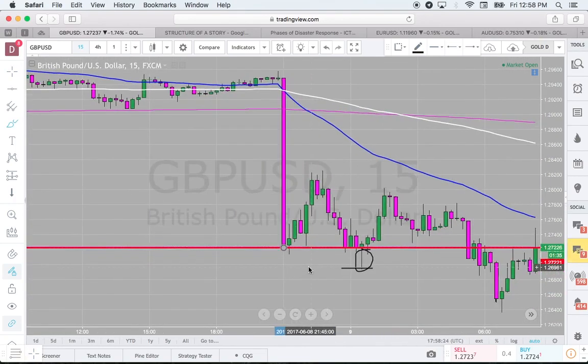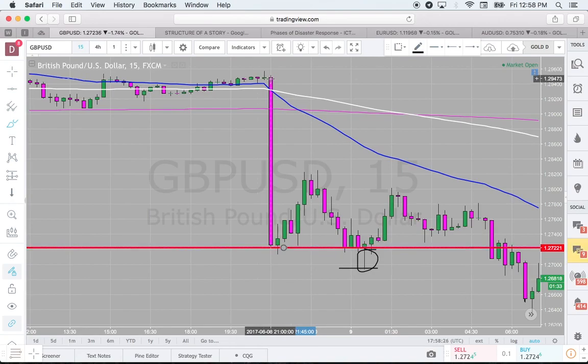So let's say you saw this spike happen and you sold right here. You went negative, and then the dealer showed you a bit of profit on that stop hunt. But let's say as well there's a buyer in here. The buyer was showing profit.